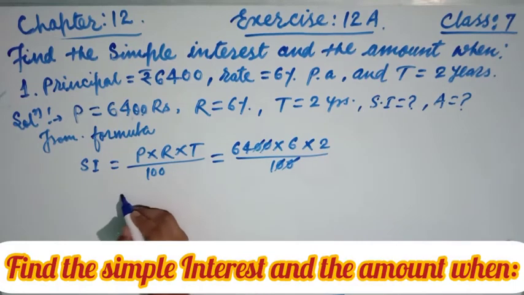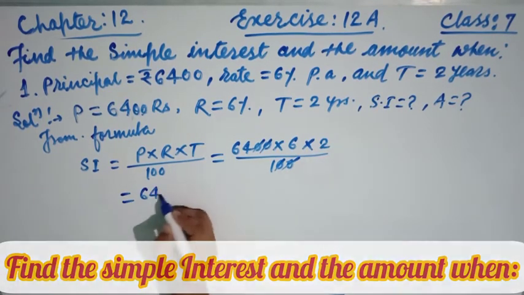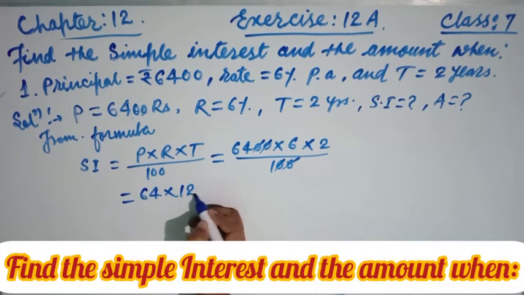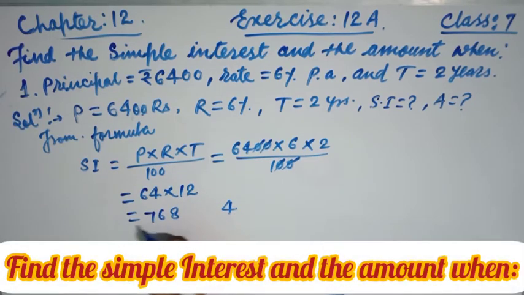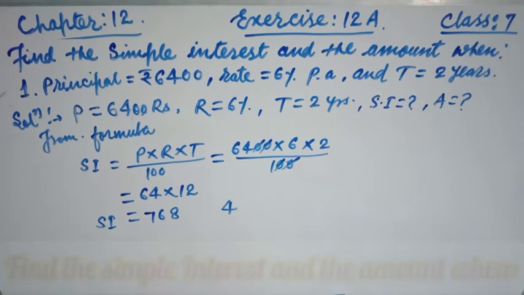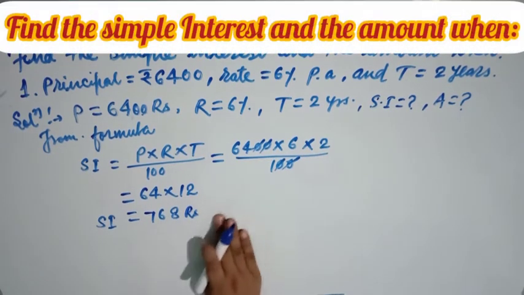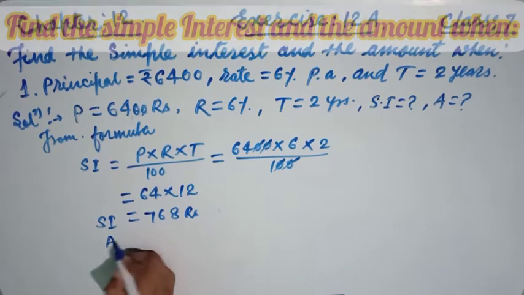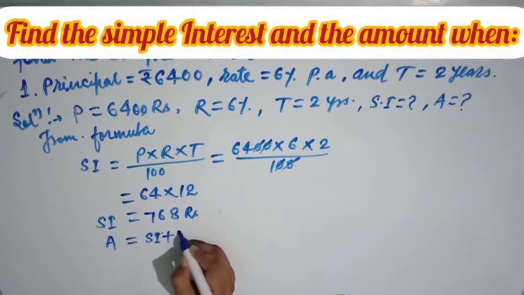Now multiply, 64 multiplied by 12, hence SI is equal to 768 rupees.